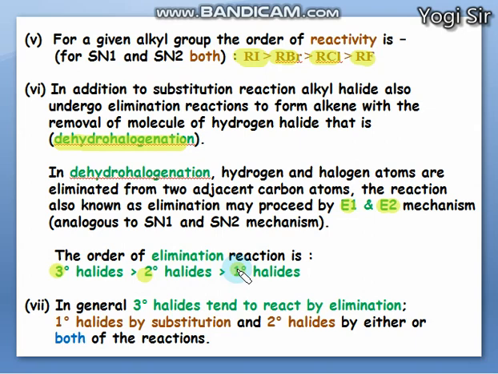Again, this is an important part. Tertiary alkyl halides more rapidly undergo dehydrohalogenation, that is, they easily undergo elimination reaction, or beta elimination reaction, while primary alkyl halides are more reactive by substitution, SN1 or SN2.